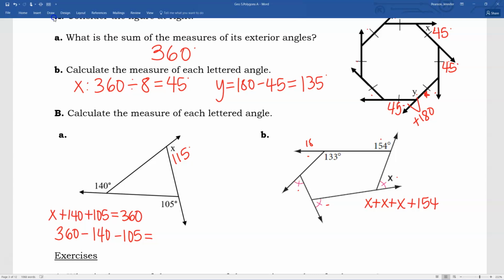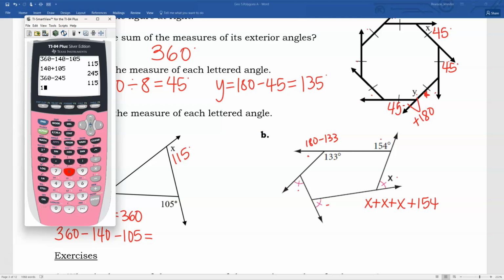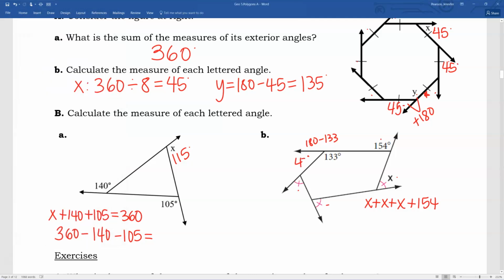So I know 180 minus 133 should give me the number for this corner right here. 180 minus 133. This missing exterior angle is 47 degrees.